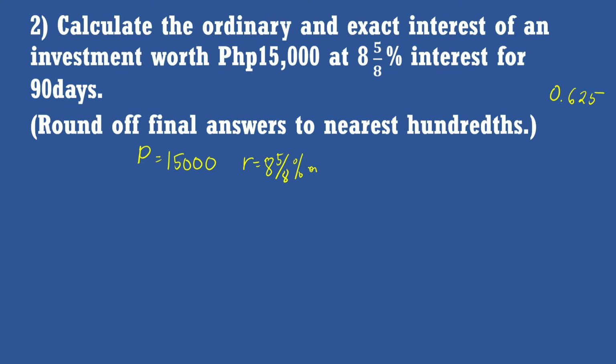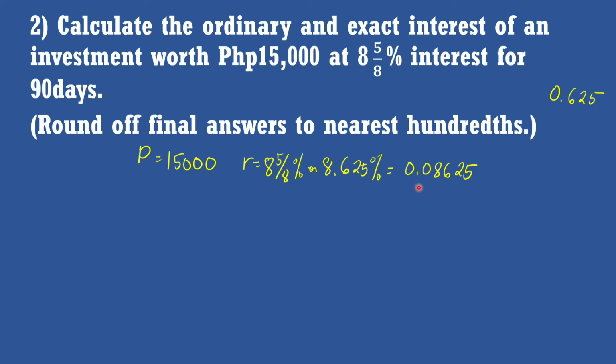That will give us 8.625%, and that is equivalent to 0.08625 in decimal form. We will be using this whole decimal equivalent of 8 and 5 over 8%. Please do not yet round off this decimal, like to 0.09 or 0.086.